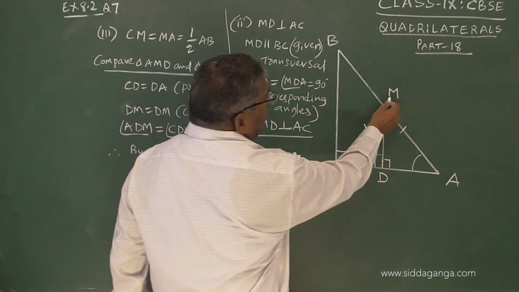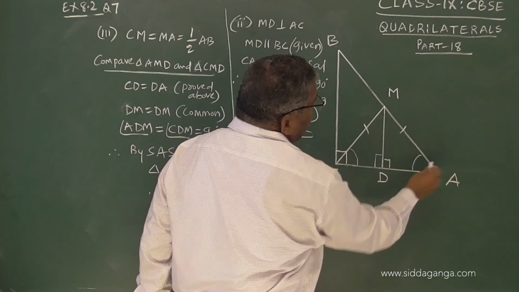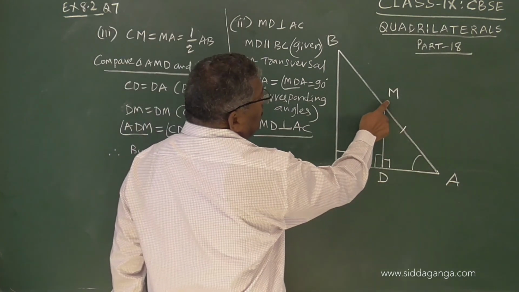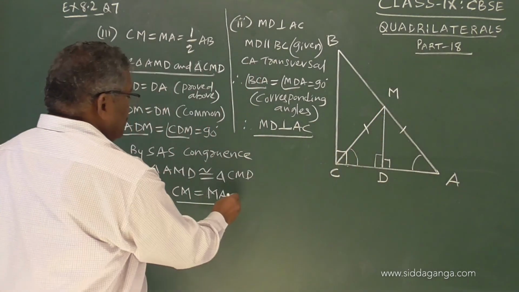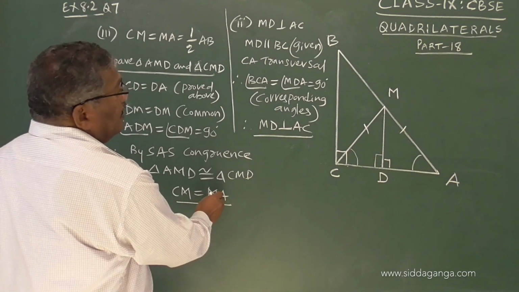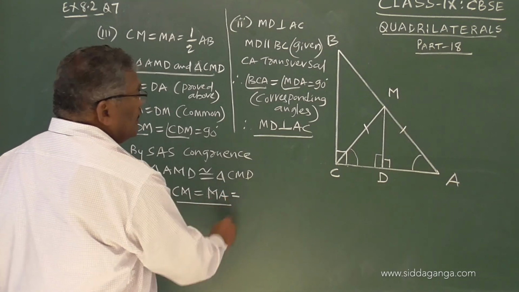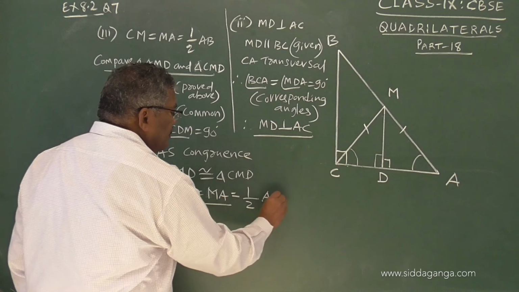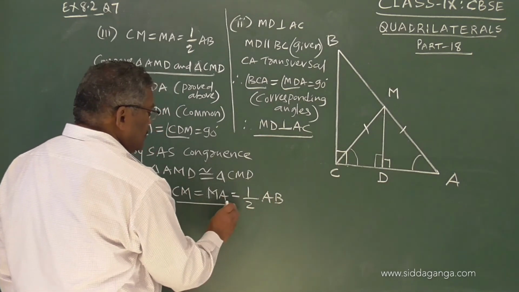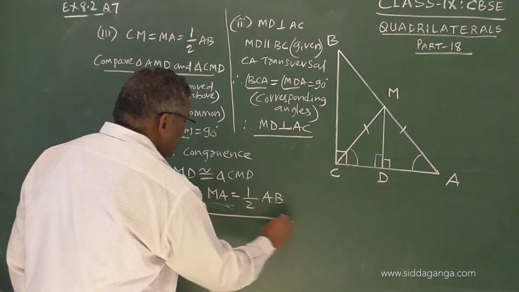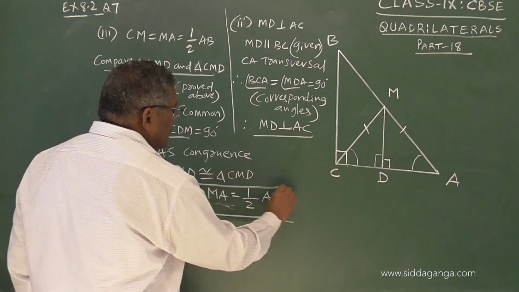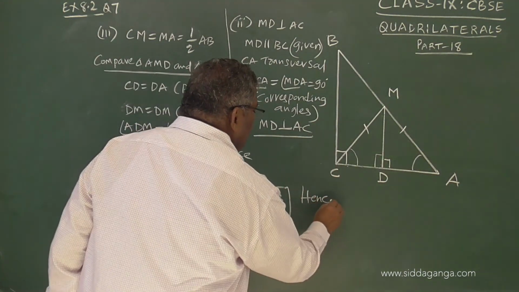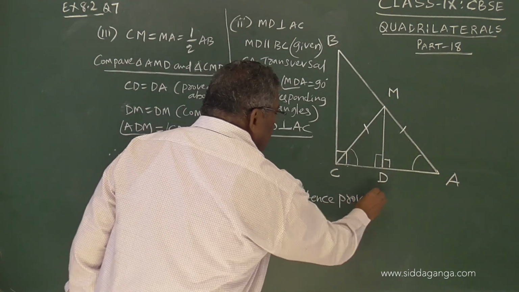See, we know that this MA is half of AB, because it is the midpoint. Therefore, here only we can write half of AB. So CM is equal to MA, and MA is nothing but half of AB, because M is the midpoint of AB. So hence proved.